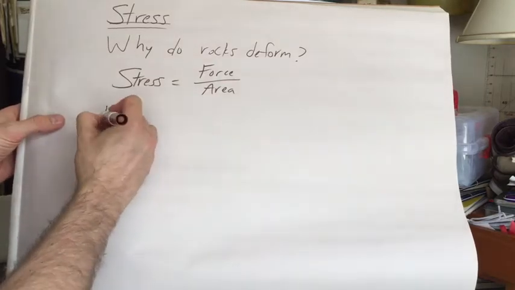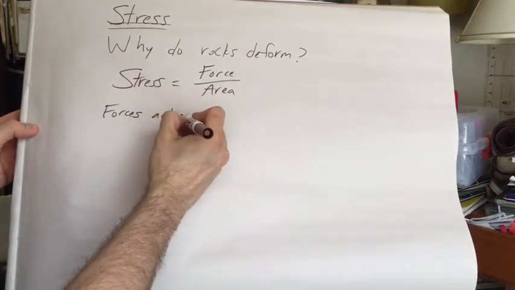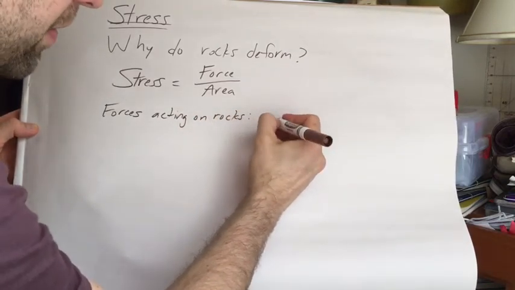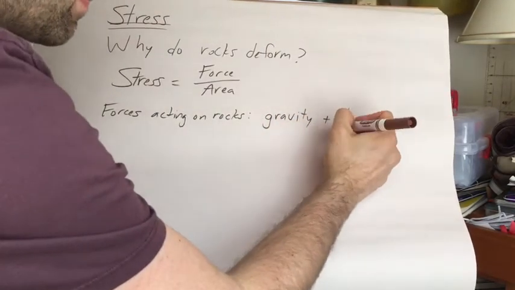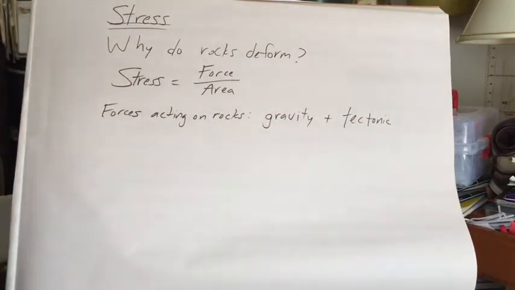So the forces that are acting on rocks are basically gravitational and tectonic. And we can get a sense of the units and of the magnitudes of stress that rocks feel by looking at a simple case of stress in the gravitational field.